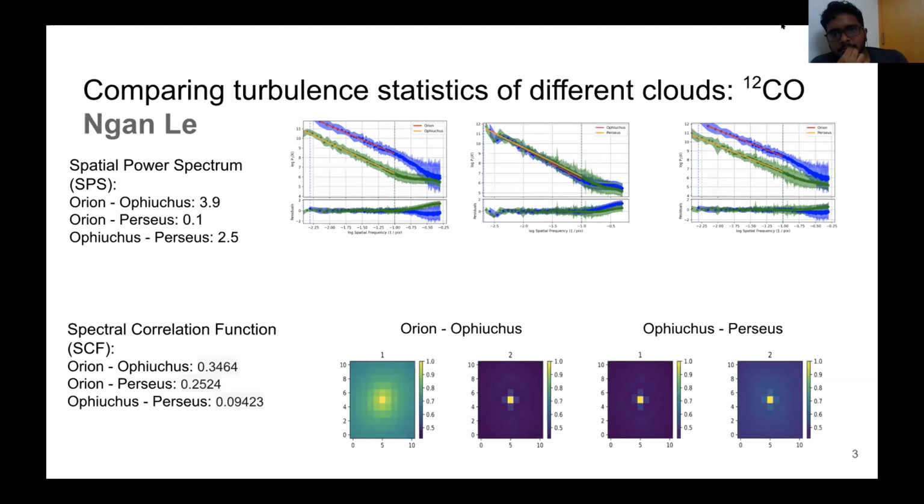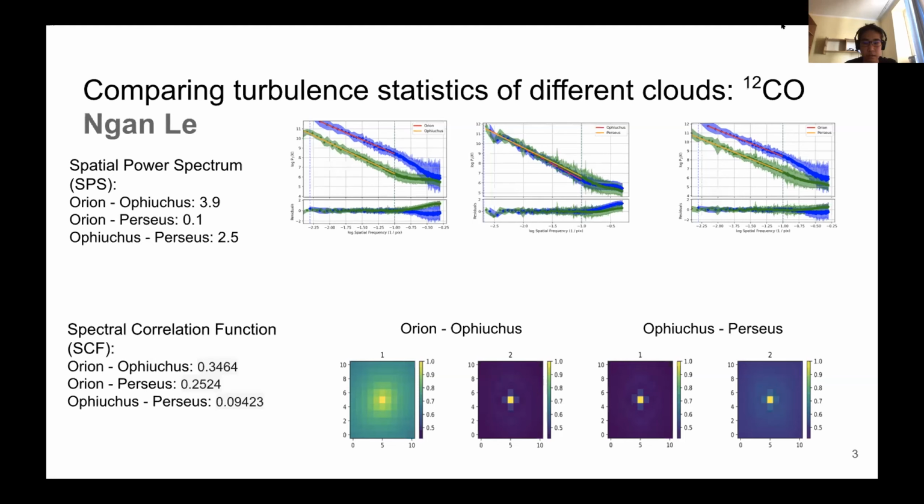After that, we compare each pair of molecular clouds, and we found that the pair of Orion and Perseus have a similar turbulent distance metric.